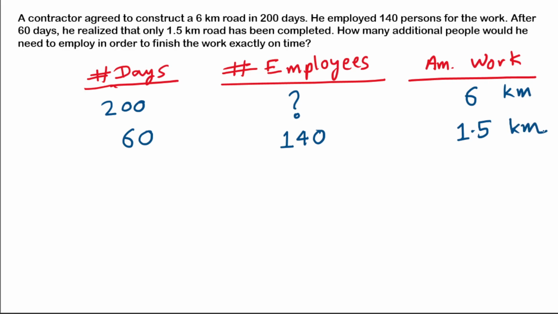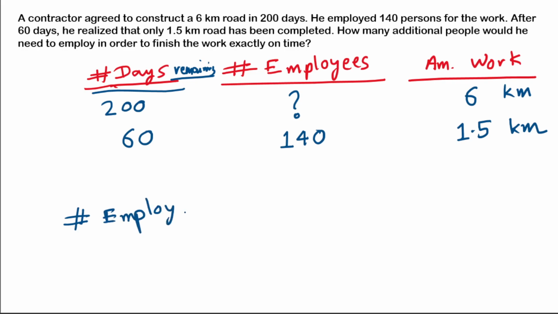Now what is this days? Actually we have to write it as days remaining, because this is not days, this is days remaining. Now we have the number of employees.